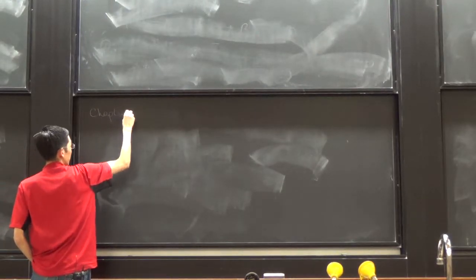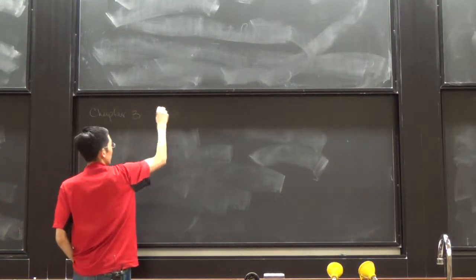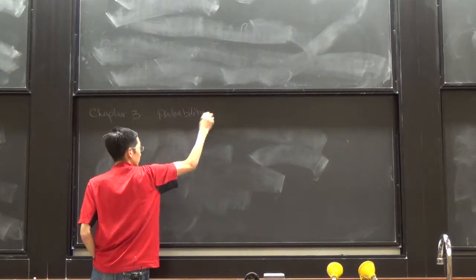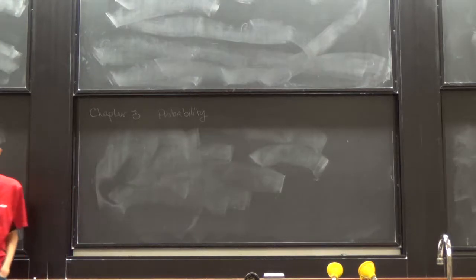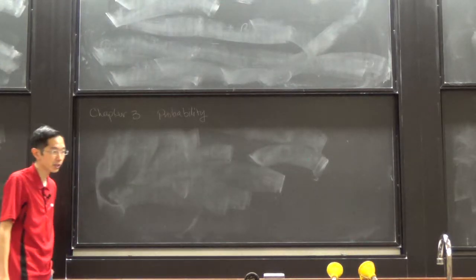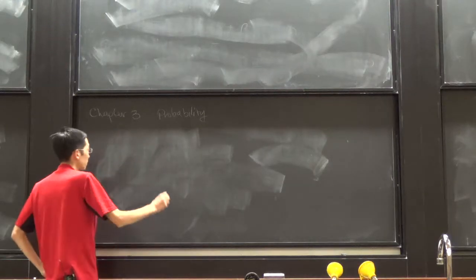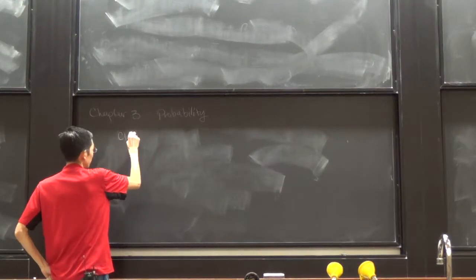So, anyway, let's talk about chapter 3, the rules of probability. In our course, we are taking what we call a classical or frequentist view of probability.